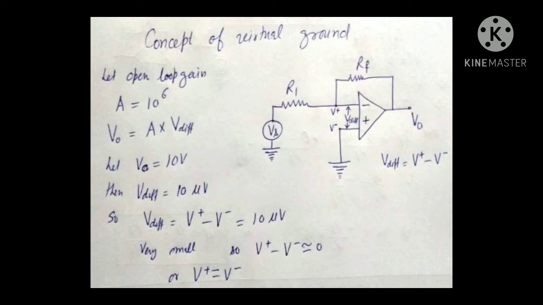One is that of virtual short circuit, which says that both the input terminals are at the same potential, and the other one is that no current flows into the inputs or out from the inputs. You will keep in mind both thumb rules and you will be able to solve any op-amp circuit.